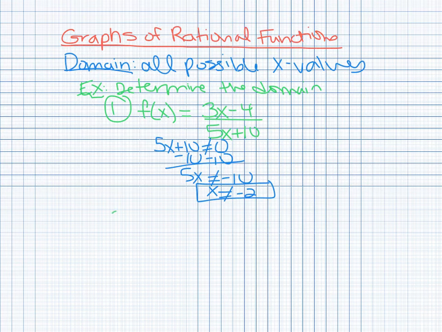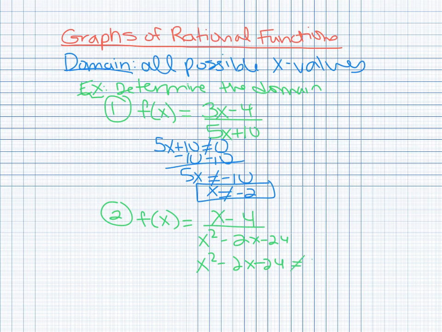Occasionally you will have a more complicated denominator, which is fine. So let's say I have x minus 4 over x squared minus 2x minus 24. So I am going to do the same thing. I'm going to set that denominator not equal to 0, and find out where it's not equal to 0. That's what I want.